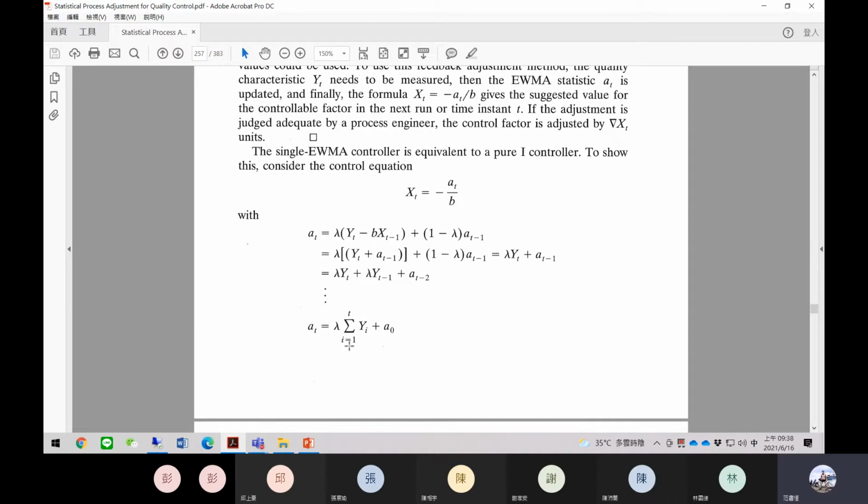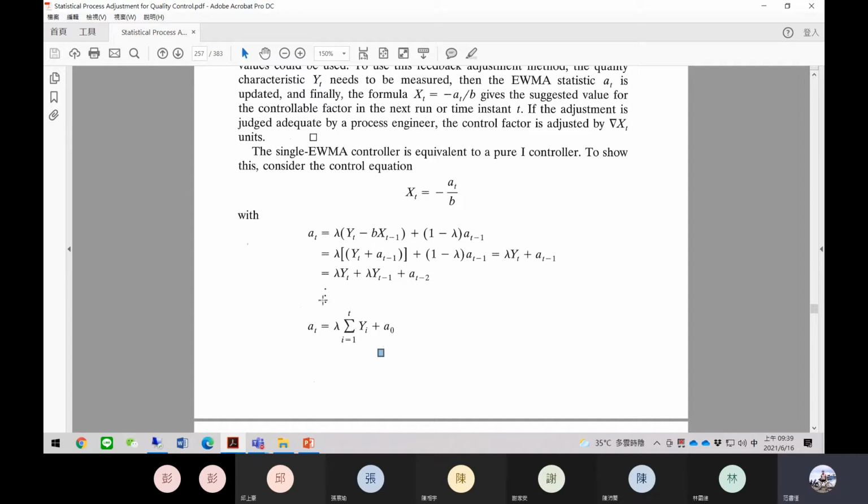T minus 1, t minus 2, 1, 2. Yeah, okay, no problem. There's no mistake. Starting from y1, y2, y3 until yt. Yeah, this is correct. And the process initial estimate is A0.